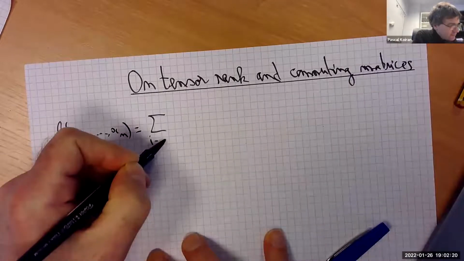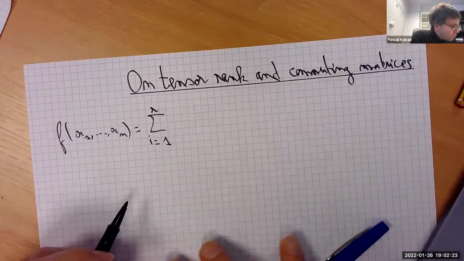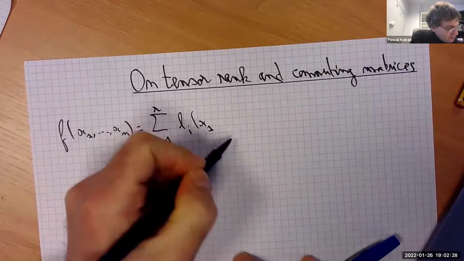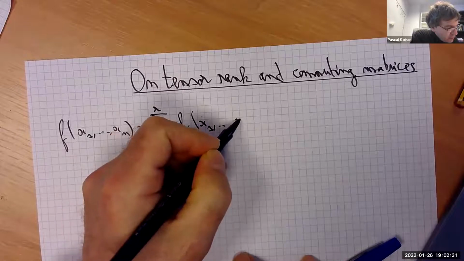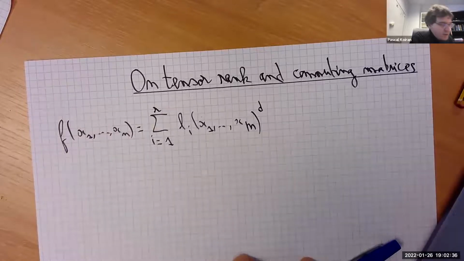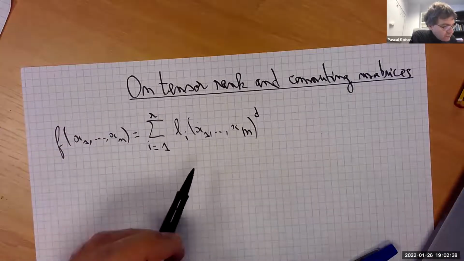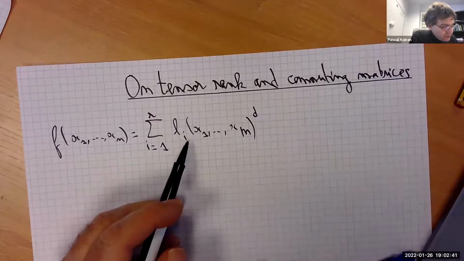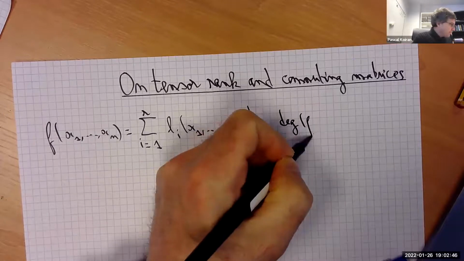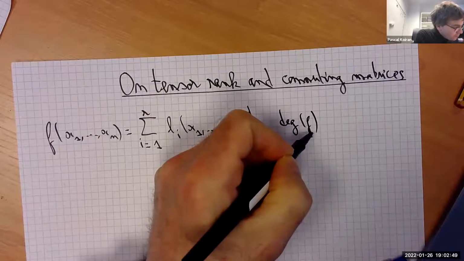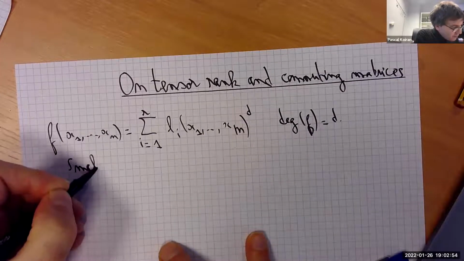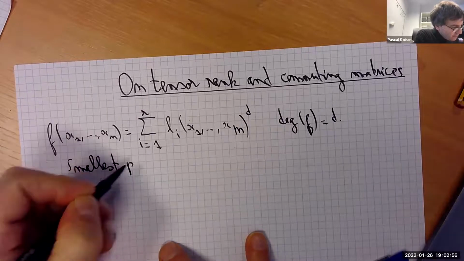We have some multivariate polynomial f, and we want to express it as a sum of d-th powers of linear forms. Of course, f is of degree d. And the smallest possible r here is often called the Waring rank of f.